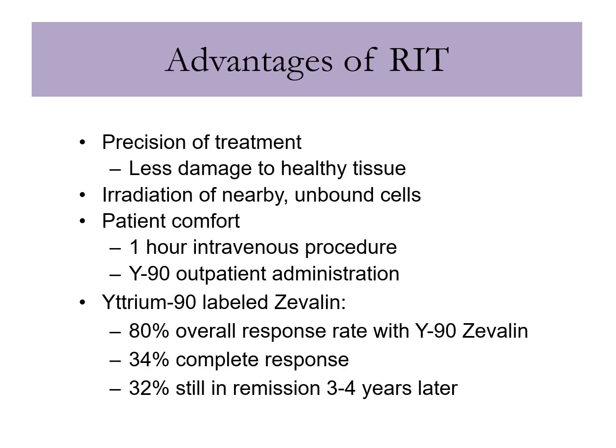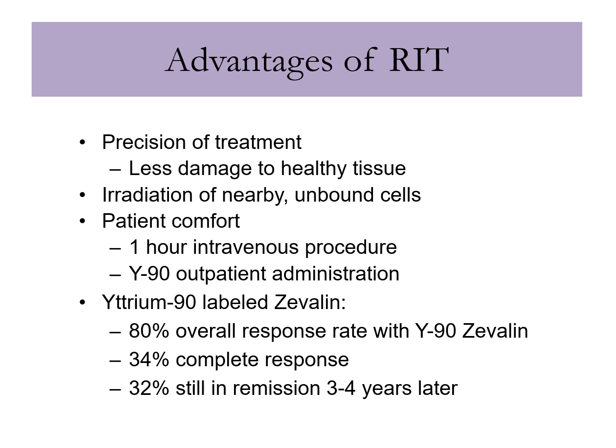So advantages of the RIT is actually precision of the treatment because it gave less damage to the healthy tissue, and the irradiation of nearby or unbound cells will actually have less effect.